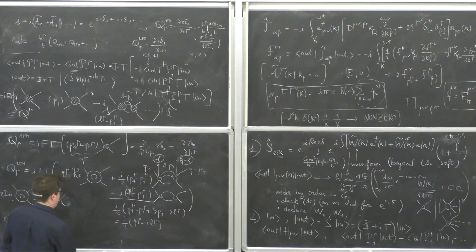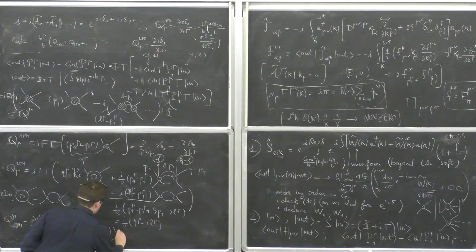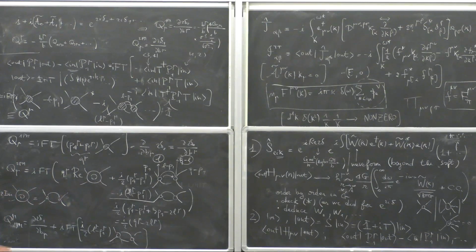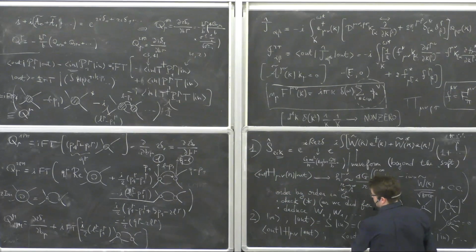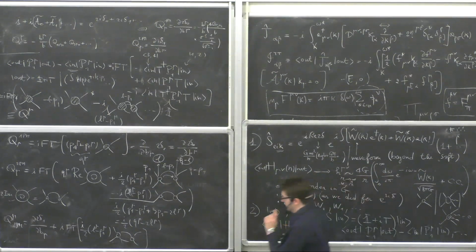So I guess plus i, the Fourier transform of i over 2 L minus P1 times this cut. So almost correct, right? From there we would have just gotten this term, and then we seem to be getting this other term.